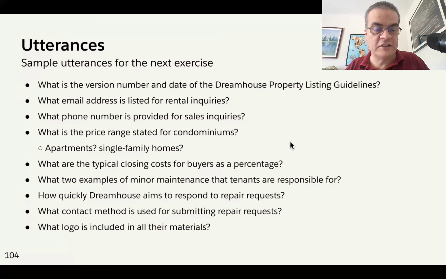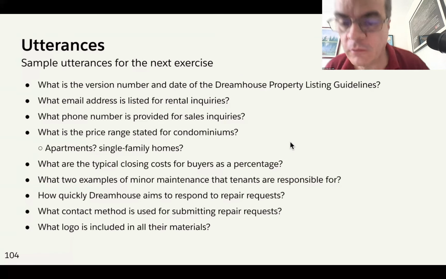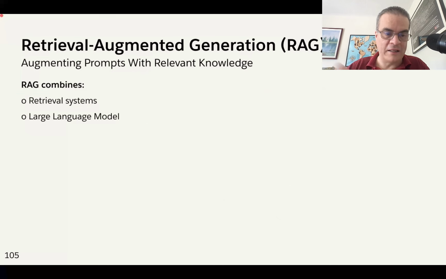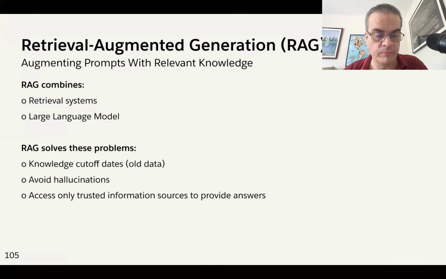So these are the utterances. Hopefully you see the pattern by now. We start with the utterances, then we work our way backwards. Okay, so retrieval augmented generation. What does that mean? Well, RAG is going to combine your retrieval systems, maybe from a PDF, from a vector index, maybe from a JSON object like I showed you before, and a large language model.